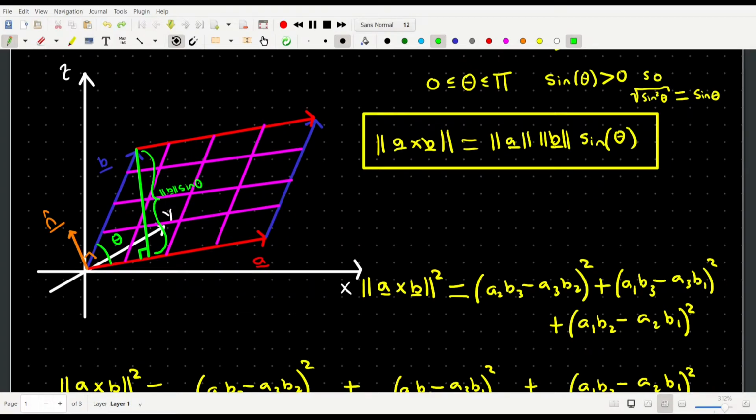The base of the parallelogram is the length of A.